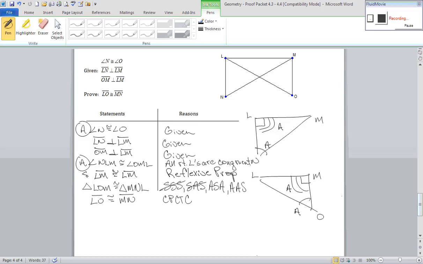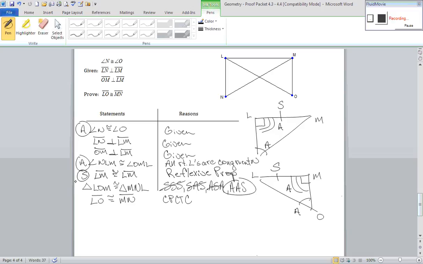So, using the reflexive property, we're able to make a segment congruent statement, or side congruent statement. And if we mark that accordingly in each diagram, what we see is by the angle side congruence postulate, these two triangles are congruent. So these triangles are congruent by angle side.